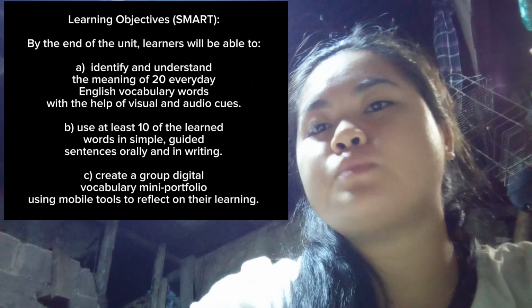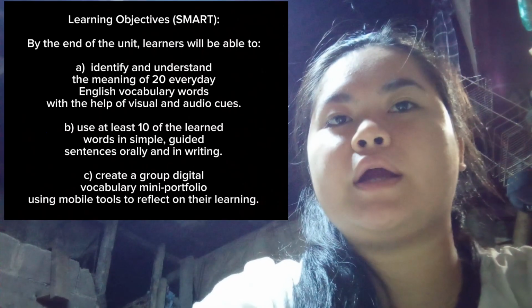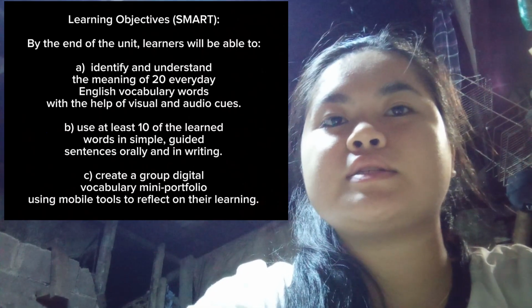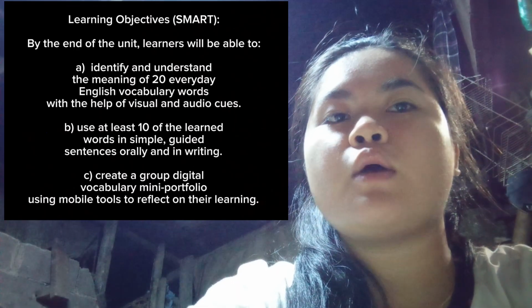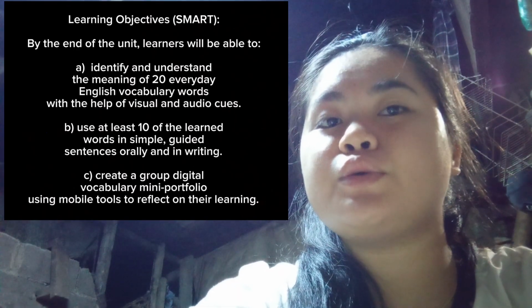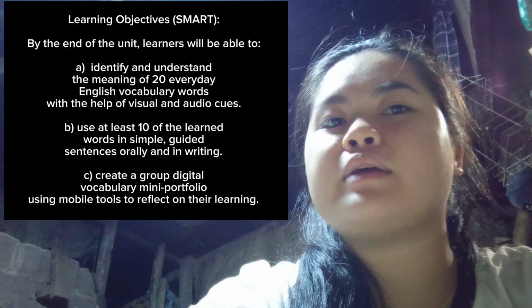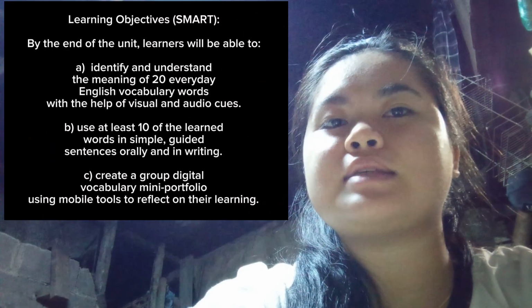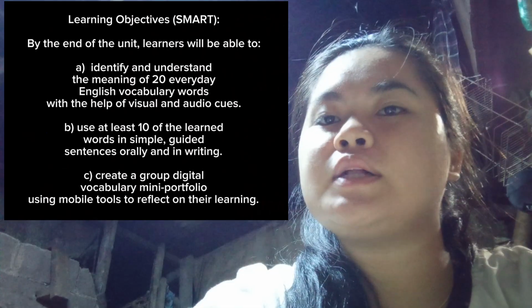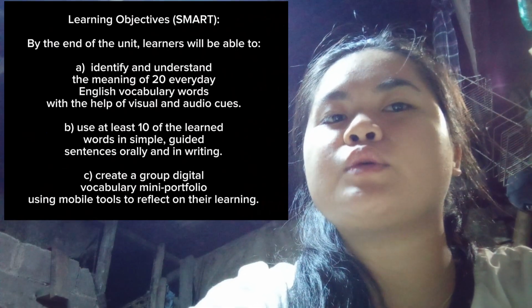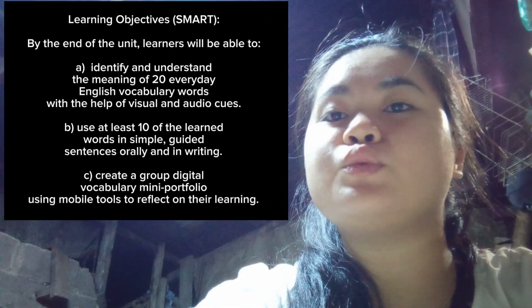For the learning objectives, aligned to SMART: first, identify 20 basic English words using visual and audio cues from mobile apps like Quizlet. Second, use 10 vocabulary words in simple guided sentences through collaborative writing in Google Docs.